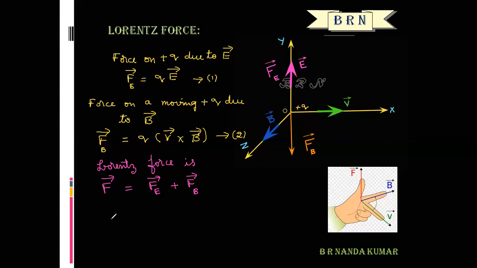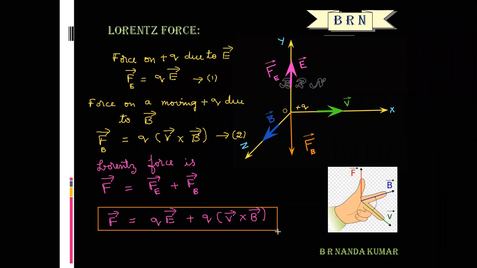So F vector is equal to Q E vector plus Q of V vector cross B vector. So this is the mathematical expression for the Lorentz force: F vector is equal to QE vector plus Q of V vector cross B vector.